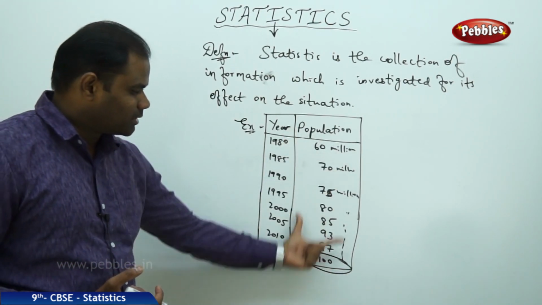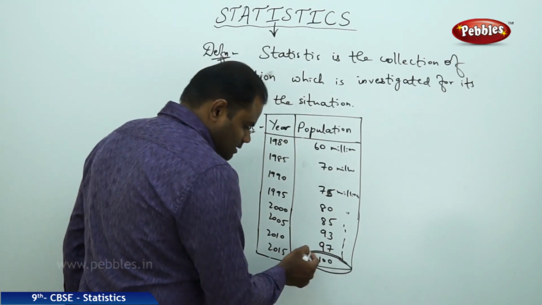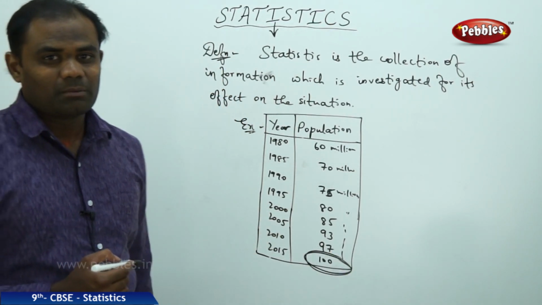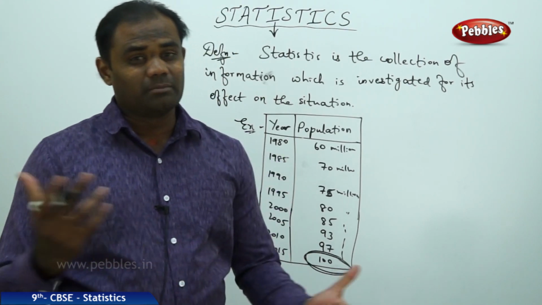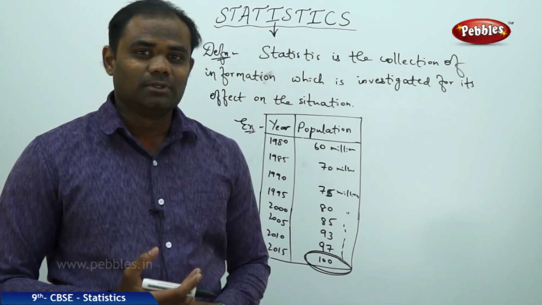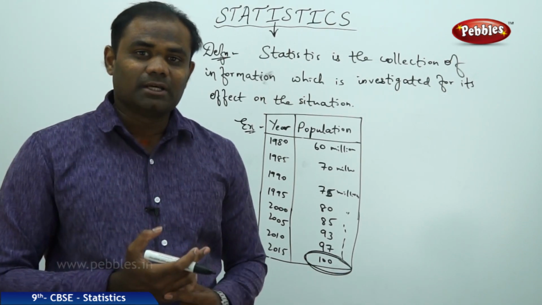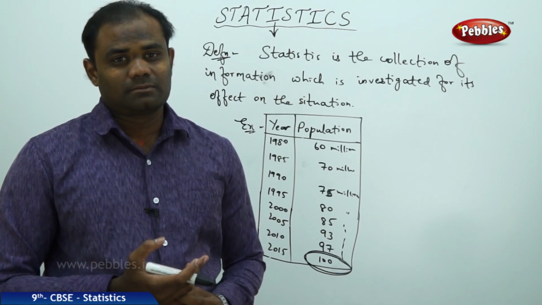Now clearly this table gives me that this has serious effect on the situation, because if the population of the country increases very much, there will be scarcity problem, food problem, house problem, and many other problems which arise.